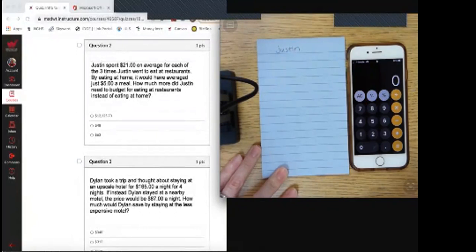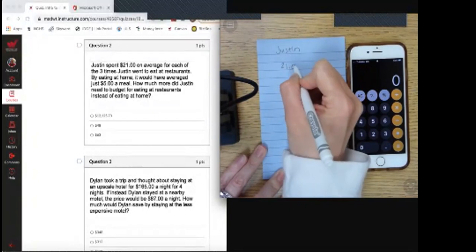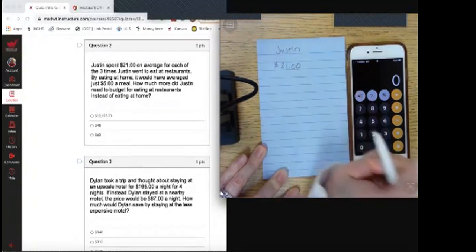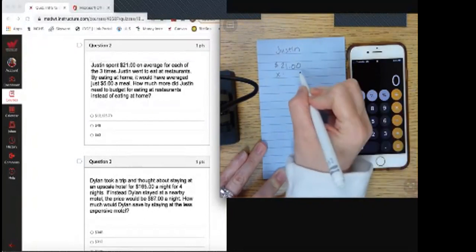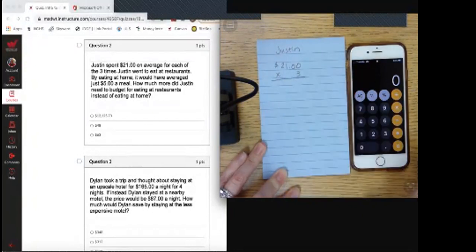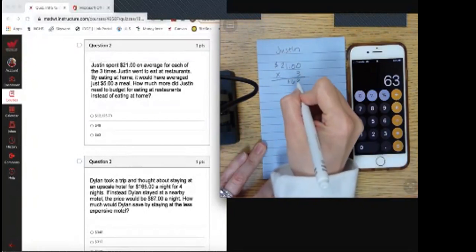How much more did Justin need to budget for eating at restaurants instead of eating at home? So Justin spent $21 times 3 for 3 meals. So 21 times 3 is $63, okay?